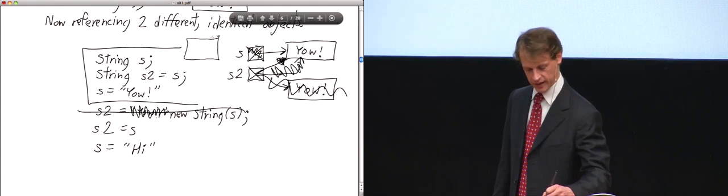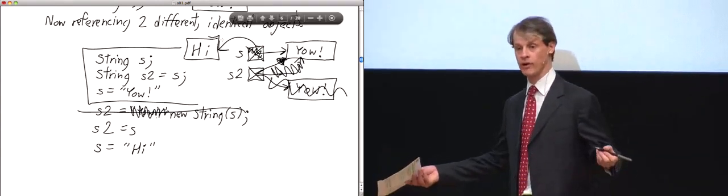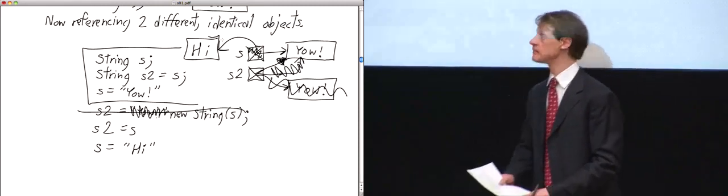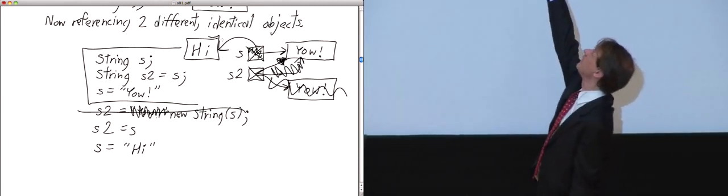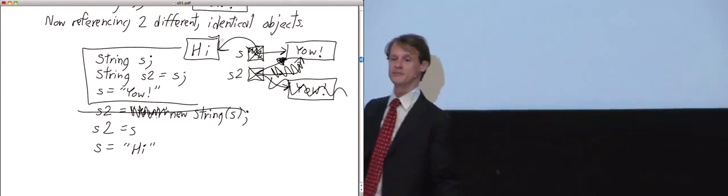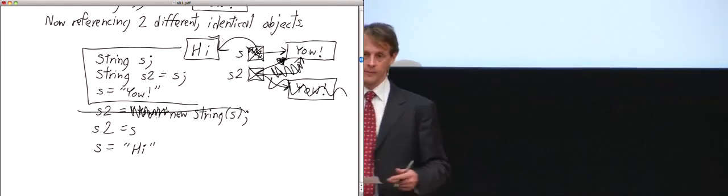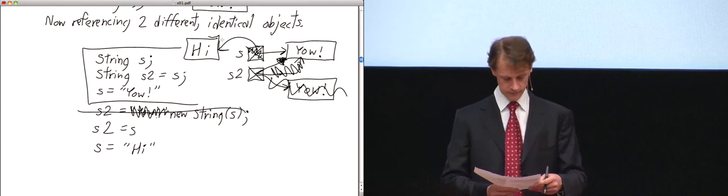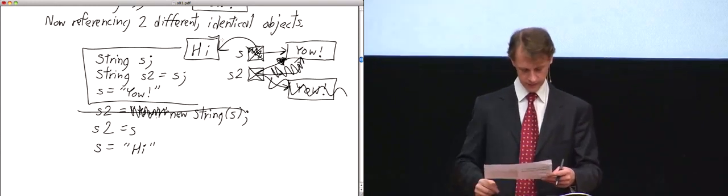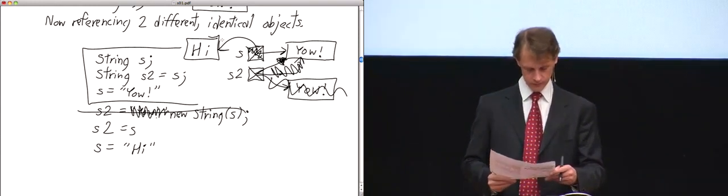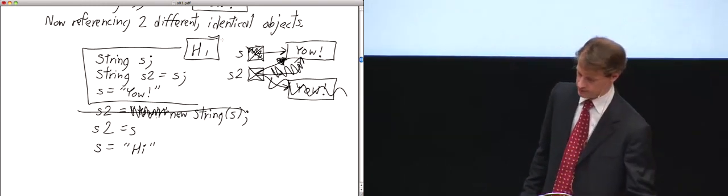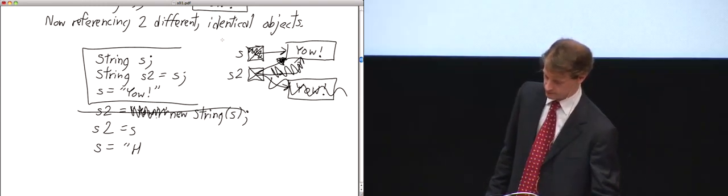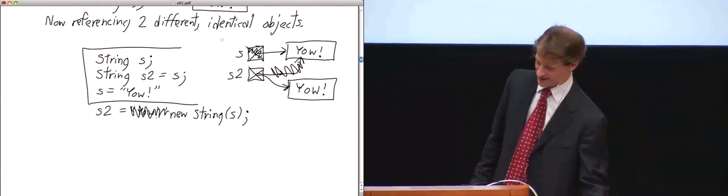So create a new string, hi, and S points to that. S2 still points to Yao. So changing S so it points to hi is not going to change S2.